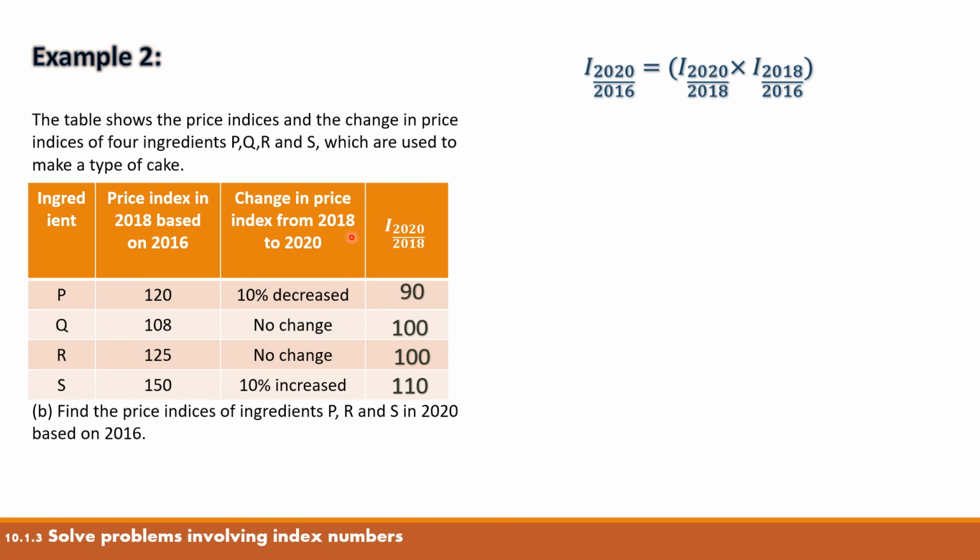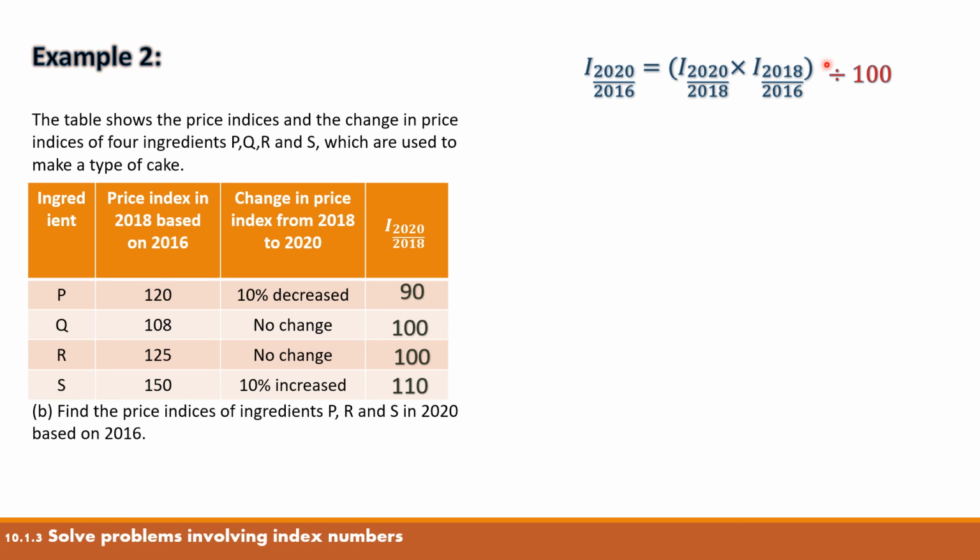By having the price index of 2020 based on 2018, I will form the price index of 2020 based on 2016 by multiplying the price index of 2020 based on 2018 with the price index of 2018 based on 2016. We can just multiply these two.